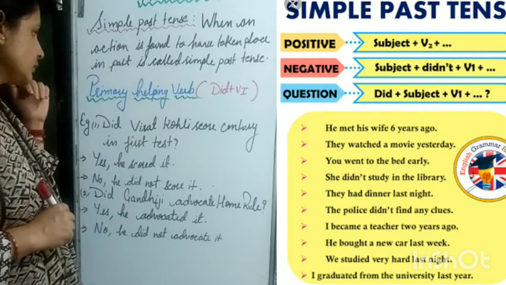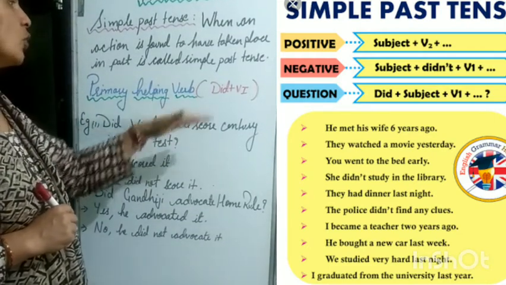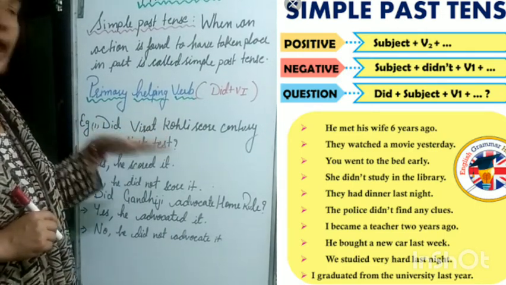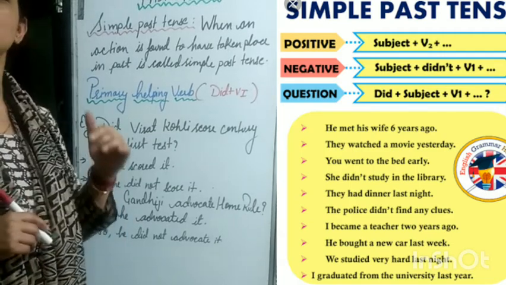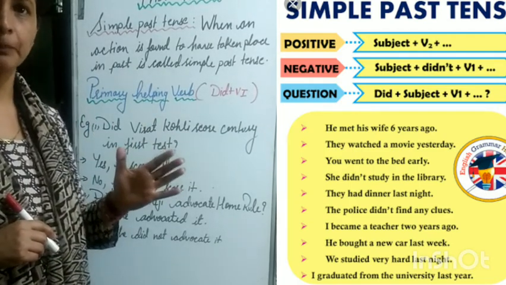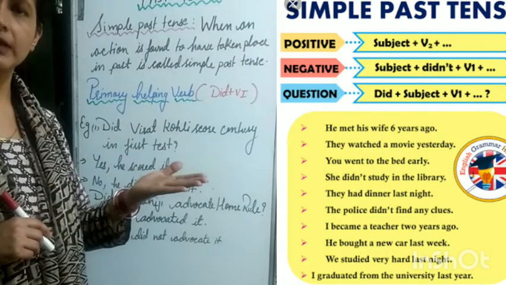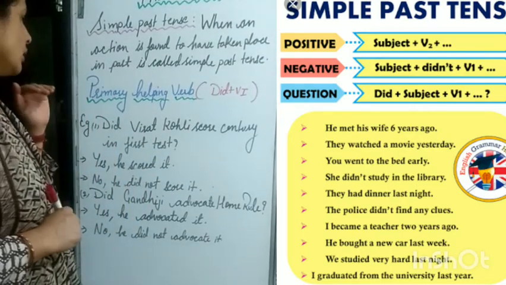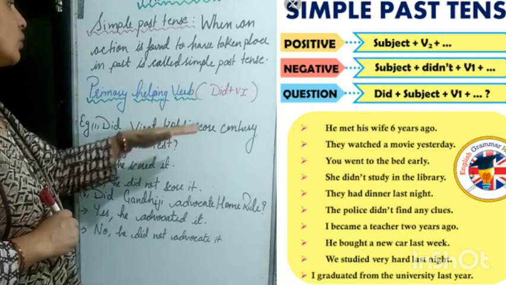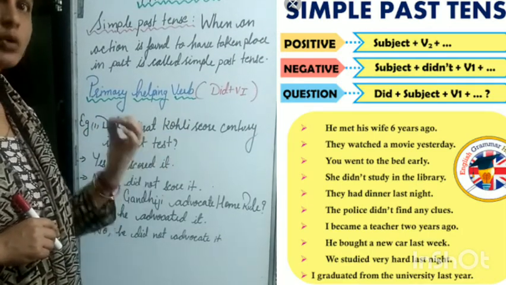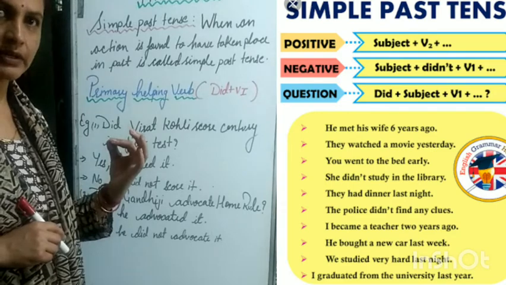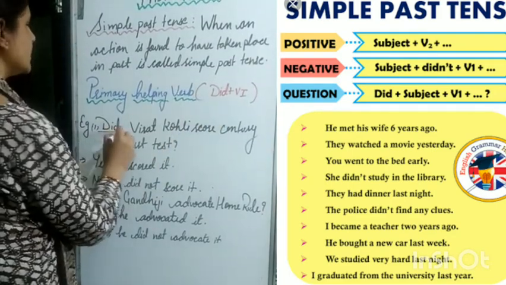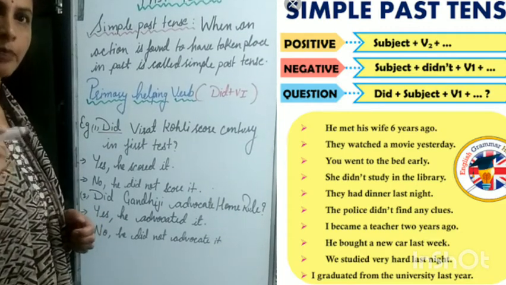Did Virat Kohli score a century in first test? This is a question, and this question has two possible answers, in positive, or we can say affirmative, as well as in negative. This is interrogative sentence, and we have used did, that is second form of primary verb.